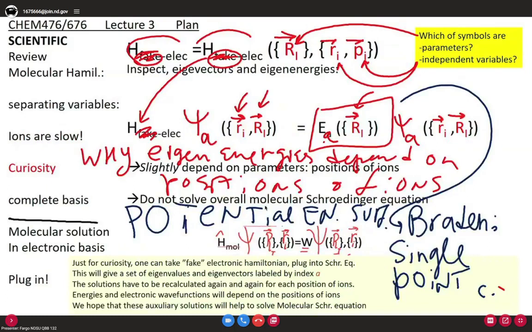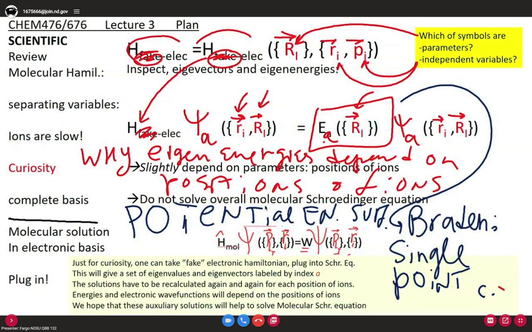But we do not know yet the nuclear wave functions, which positions of nucleus are more probable and which are less probable. Our goal is to draw a protocol for how to solve the molecular Schrodinger equation in general.